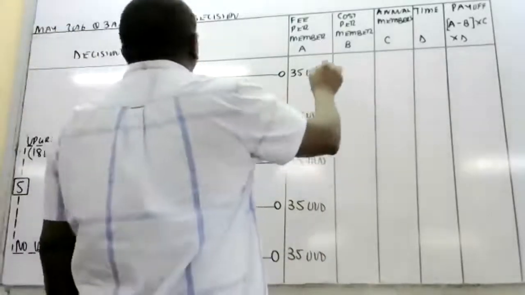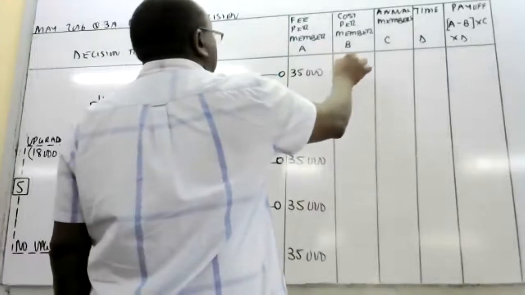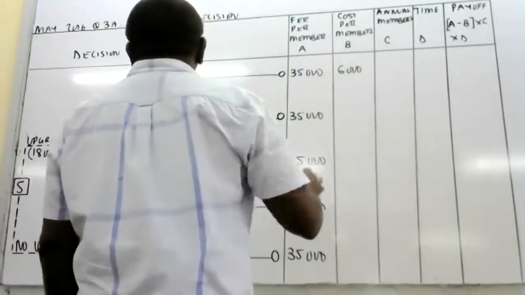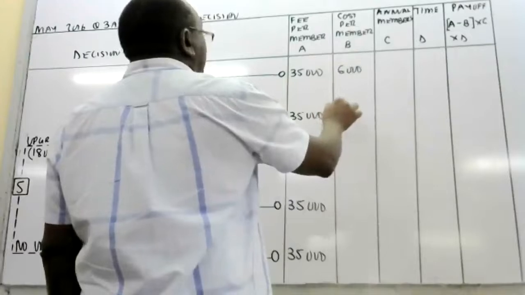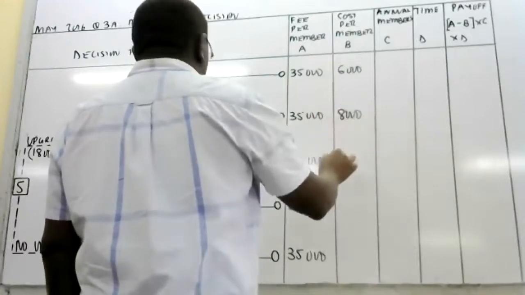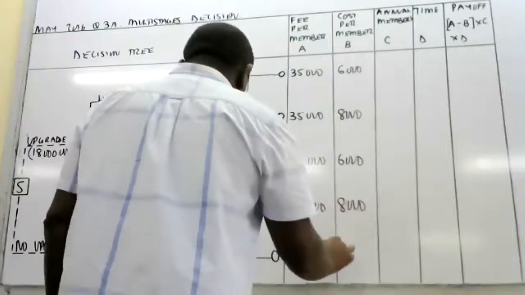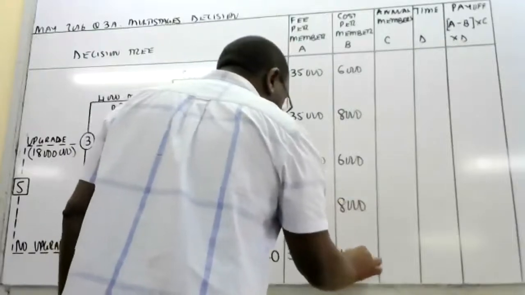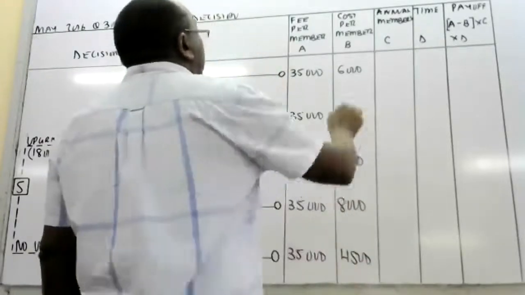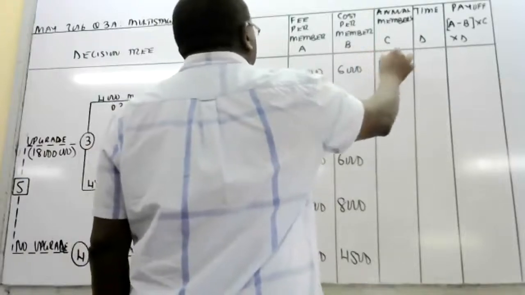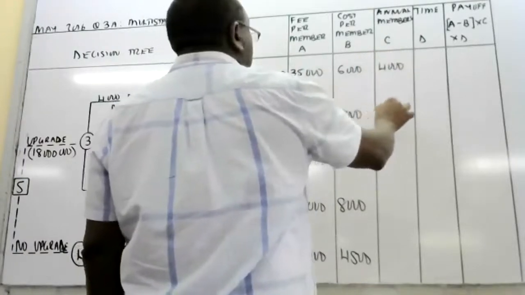And then the cost per member here is 6,000. Here it is 8,000. This is 6,000. This is 8,000. This is 4,500. The annual number of members, this is 4,000. This is also 4,000.